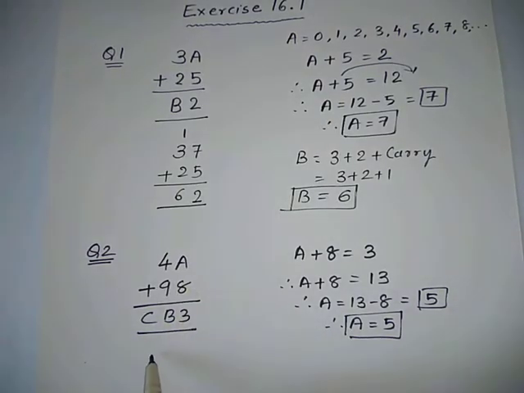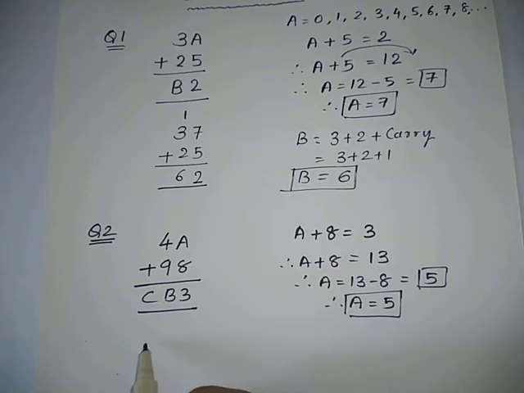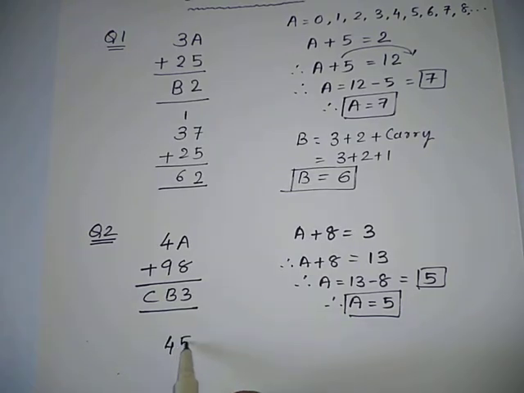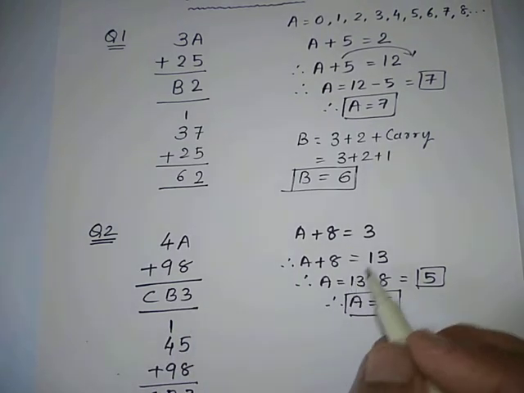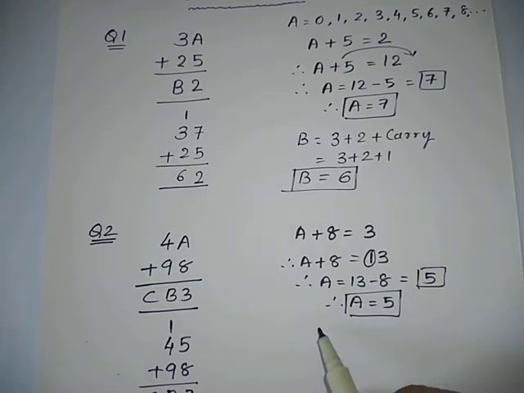If I place the value 5 over here and start doing it, that means 45 plus 98, I will get C, B and 3, means 13. 3 and carry over 1 is required because we have taken this one.